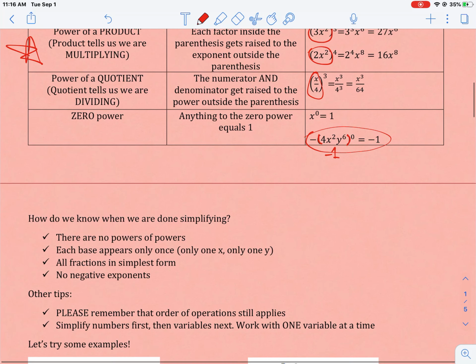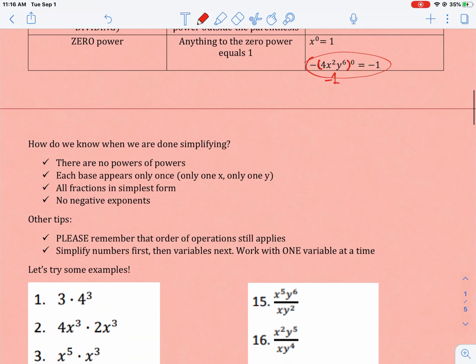All right, so just a few things. When you're done simplifying, how do you know? No negative exponents, that's a big one. Only one x, only one y, only one z. There shouldn't be a z in the top and a z to the fourth on the bottom. All fractions simplified, that's just a given. No power of a power, which means nothing like this; just write that as x to the 12th.